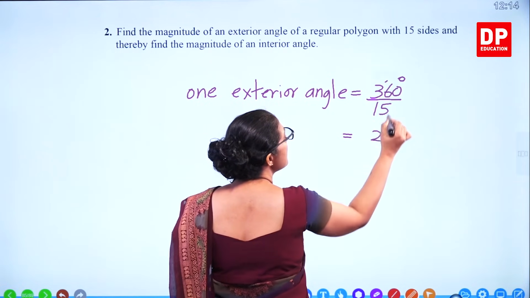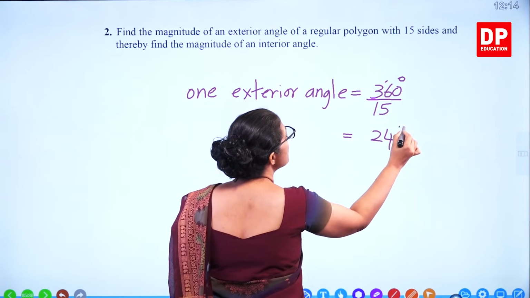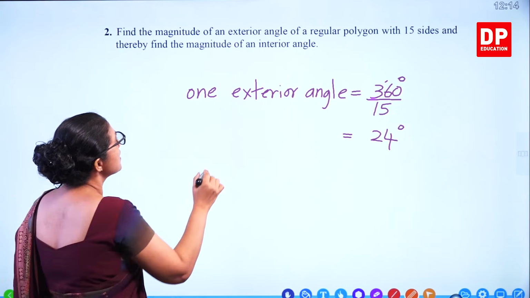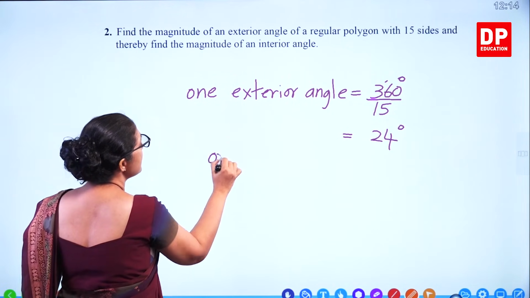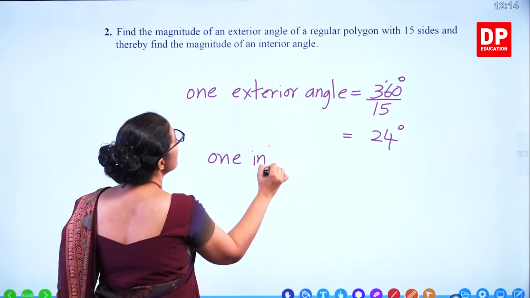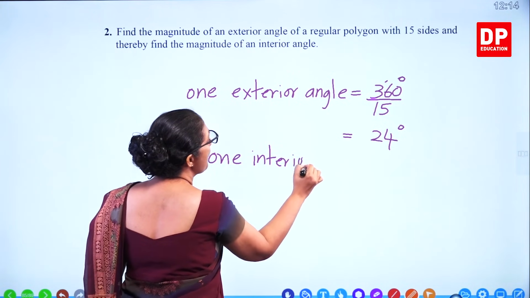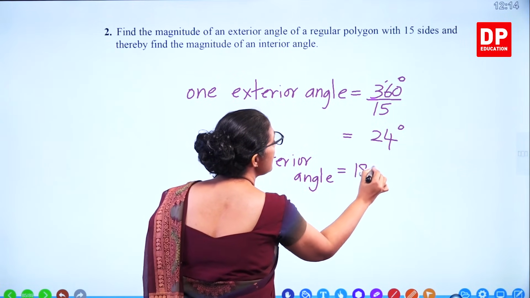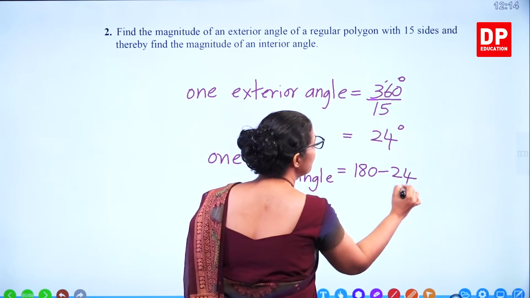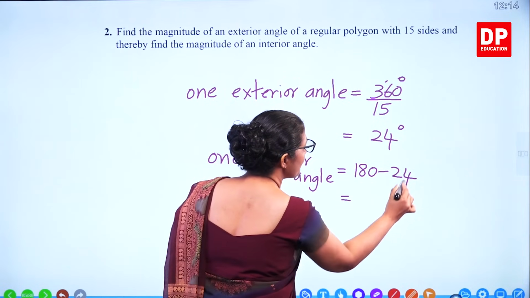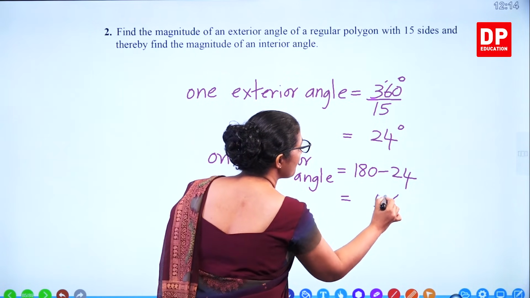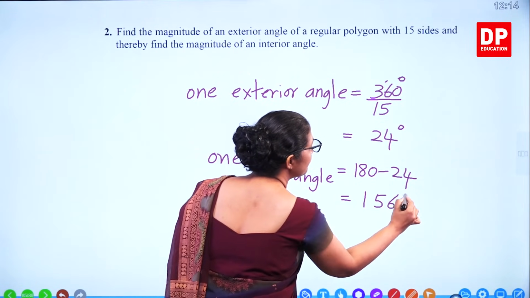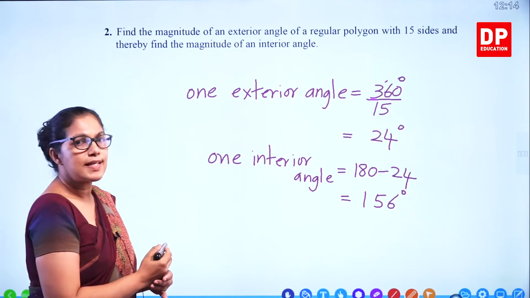For 60, that's 4. So 24 degrees, that's one exterior angle. So what's the interior angle? One interior angle is 180 minus 24. 156. So 156 degrees.